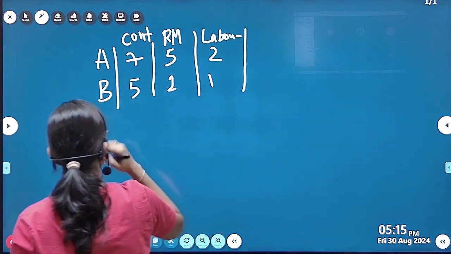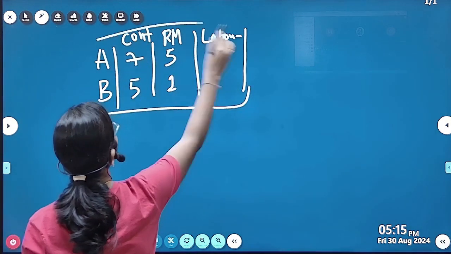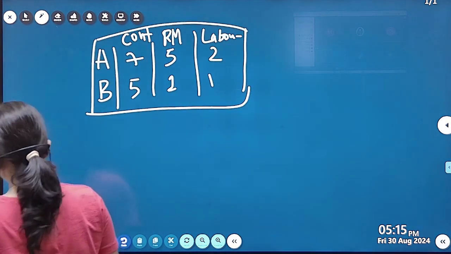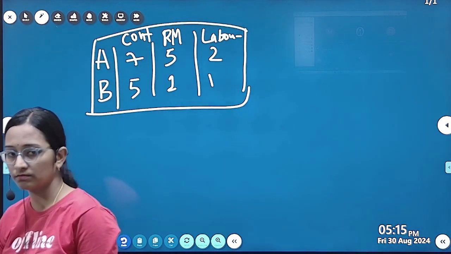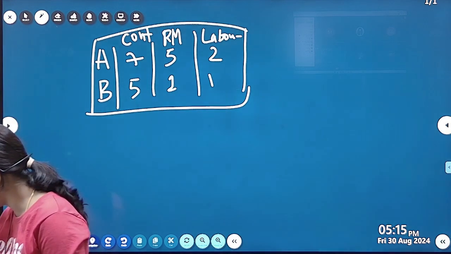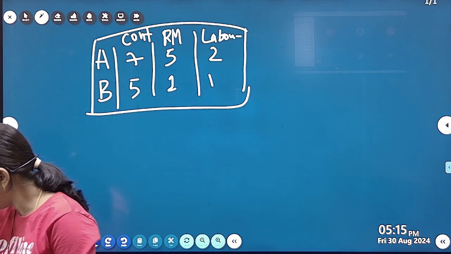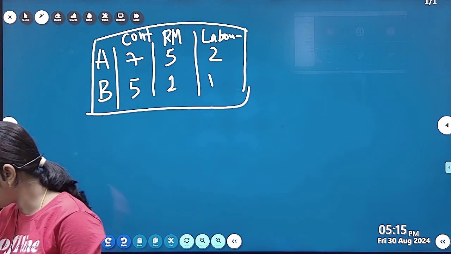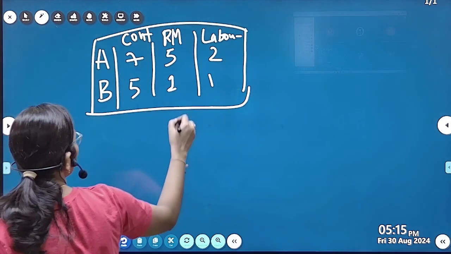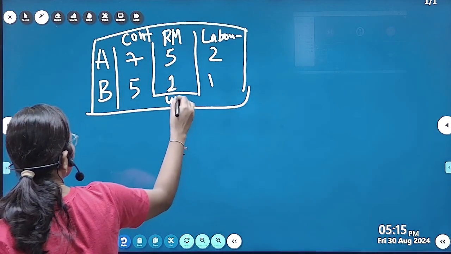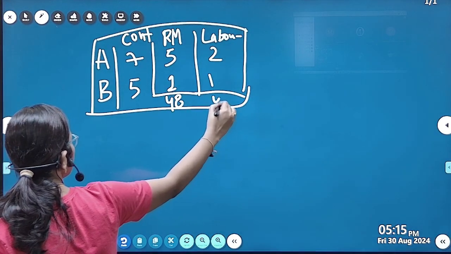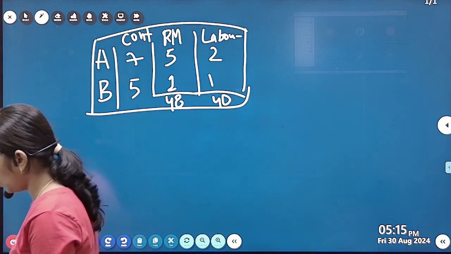So tell me what will be the objective function? The availability of raw material at present is 48 units and the labor is 40.